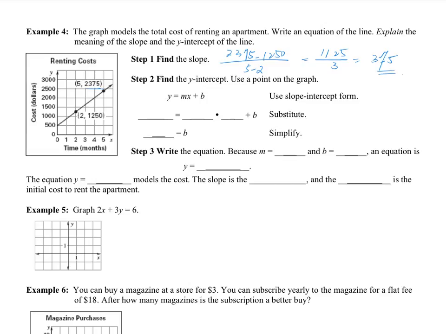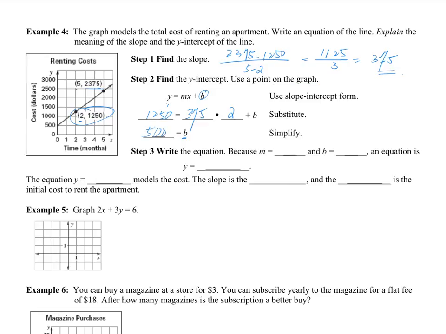Now you could double check on that one. Step 2, find the y-intercept. Use a point on the graph. I'm going to use this point because 2 is smaller than 5. I'm going to substitute 1250 for y, 375 for m, and 2 for x. After solving for b, which is the y-intercept, we get 500.